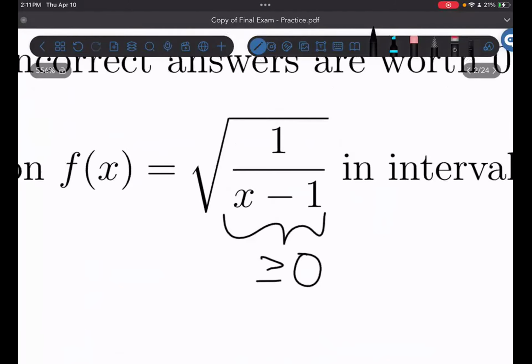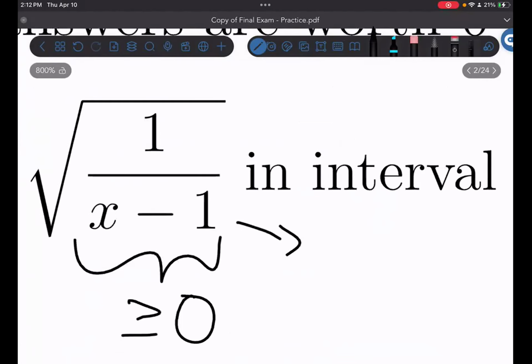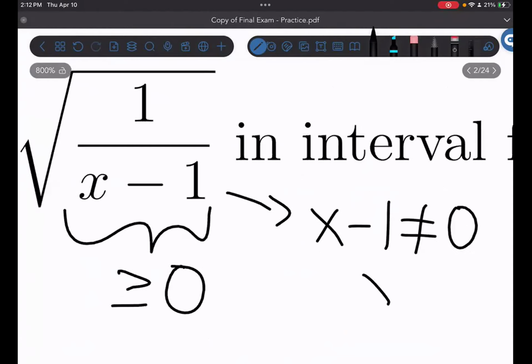I also see that in the denominator we have x minus one. That tells me right away we cannot have our denominator equal to zero, because then we would have an undefined number. So that means my x cannot equal one.